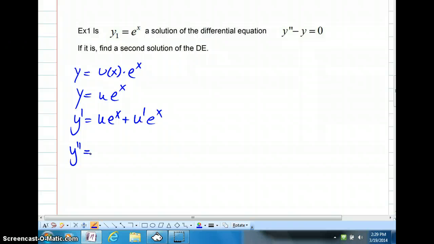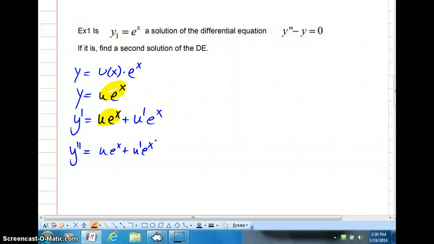Here's the beauty of it. This is the cool part. You're going to take the derivative of u e to the x. You just did that. You just took the derivative of u e to the x in that last step. It was all of this. Now I'm going to go one step further and take my derivative of u prime e to the x.